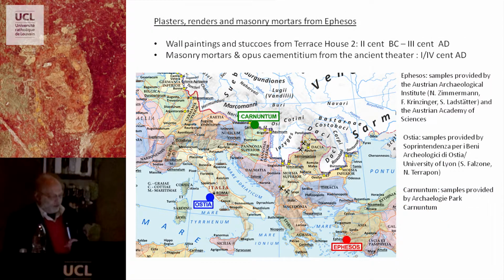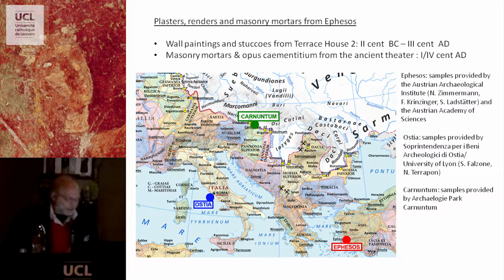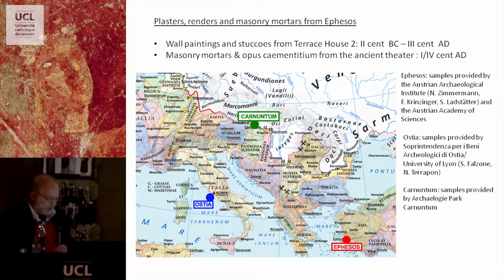Now, Ephesos, everyone knows where it is, and I guess you are archaeologists, you have been there maybe more times than myself. Unluckily, the Austrian Institute of Archaeology lost last year the possibility to work on site. Let's see how it will be in the future.